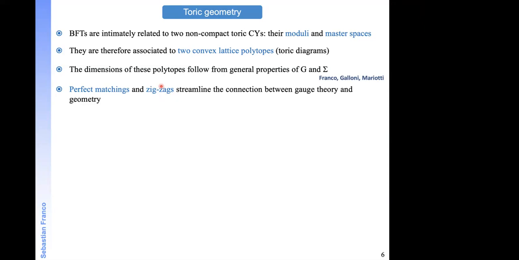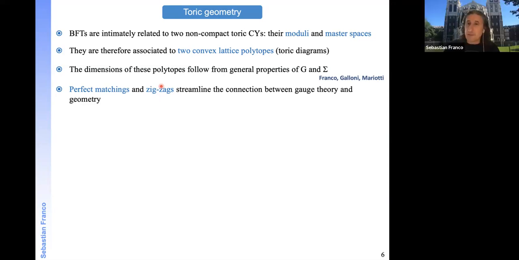Sorry, question. So what guarantees that it's a threefold? The fact that sigma is a torus and that it's a BFT together guarantees it's a threefold? Yes, and it's a two-dimensional toric diagram. There are many ways of explaining why this happens, but from just a combinatorial point of view, you will only give coordinates to things depending on how they wrap on the two torus.